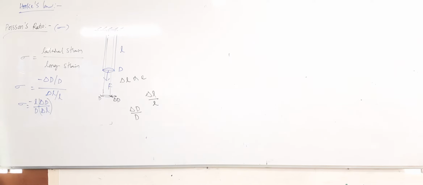The strain produced in the diameter of the wire is known as lateral strain, that is delta D by D. As the length increases of any uniform rod, the diameter decreases.